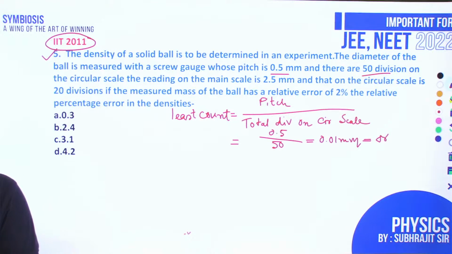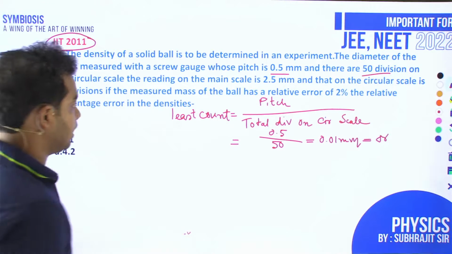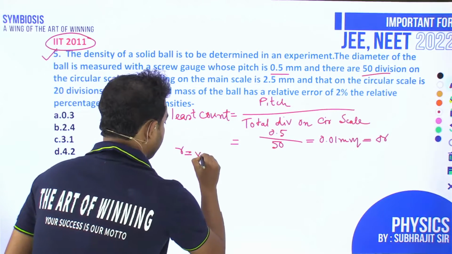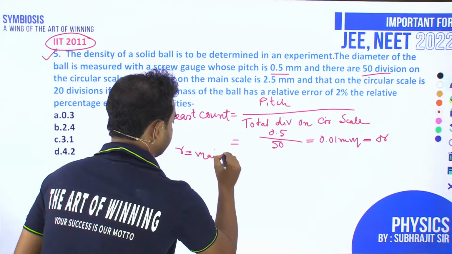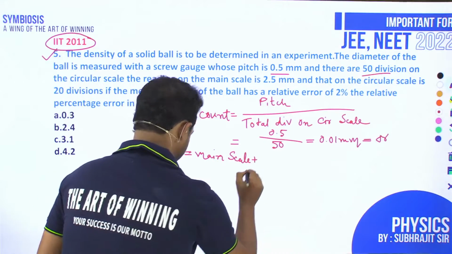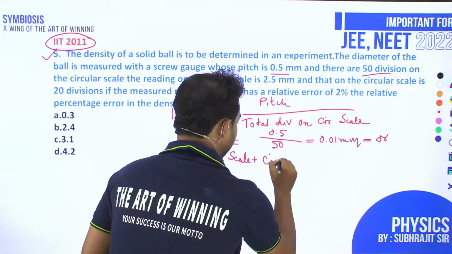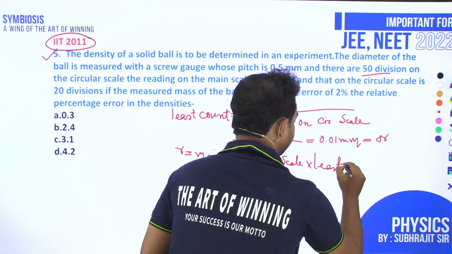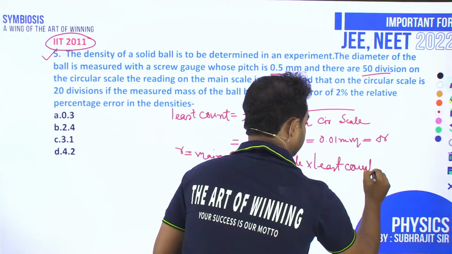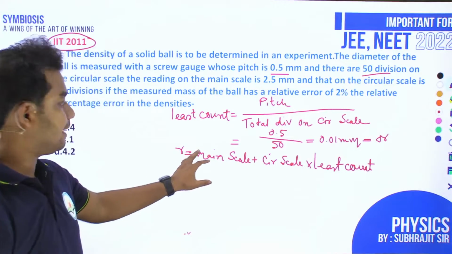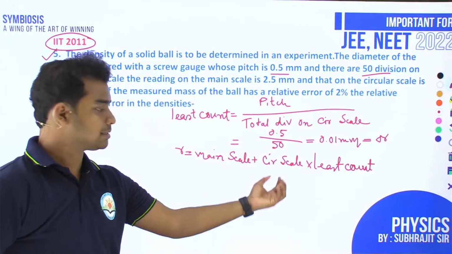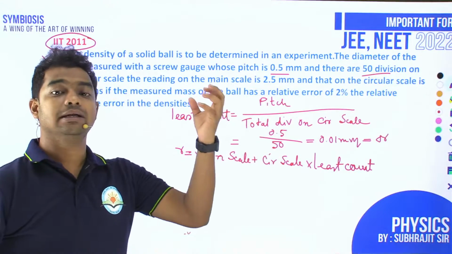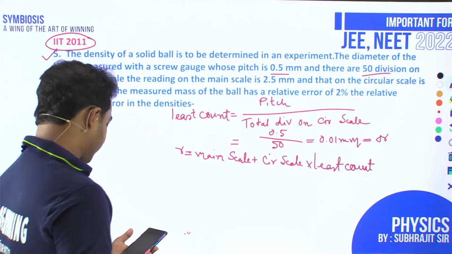Now we want to find small r. Small r is equal to main scale reading plus circular scale reading into least count. Now put the values.